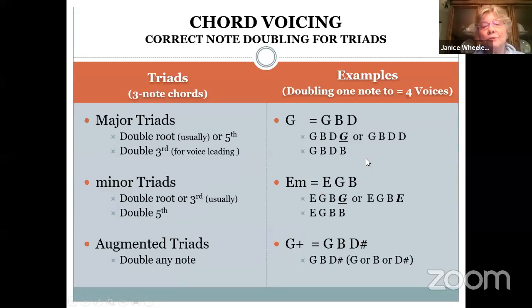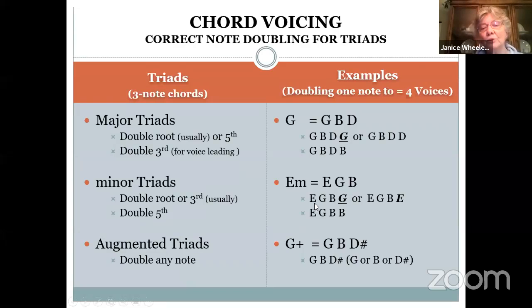Minor triads. The rule for minor triads is that you can double either the root or the 3rd, usually. It depends on the composition whether you double the 3rd most of the time or the root most of the time. If we're going to double in E minor, which is one of the minor triads, E is the root of that chord, G is the 3rd, and B is the 5th.